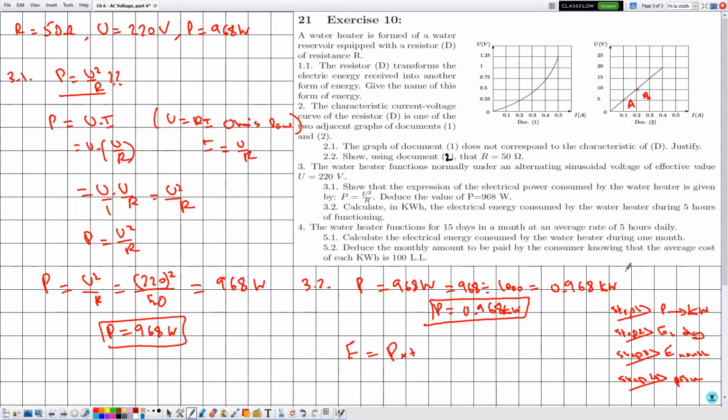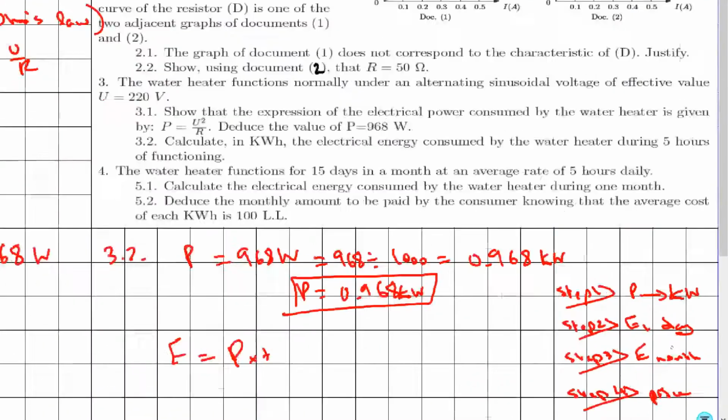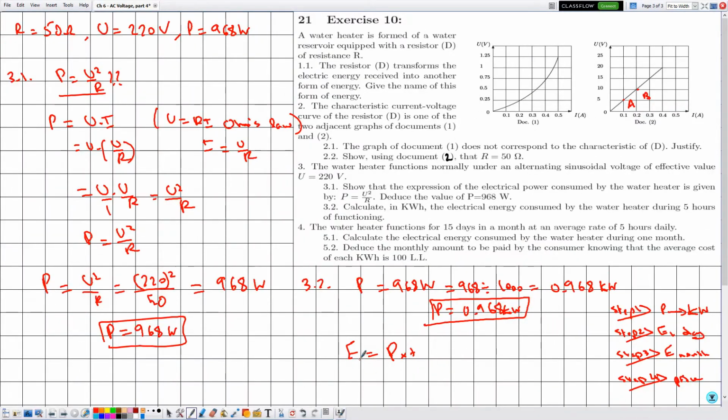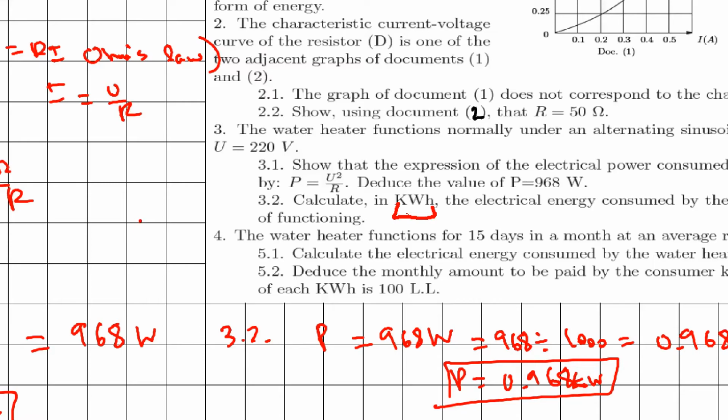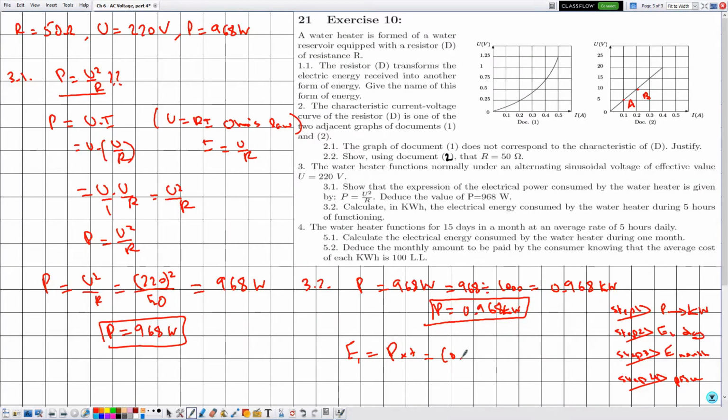Since this energy corresponds to 5 hours, which is 1 day, let's place the index 1 here. Now kilowatt hour is the unit of energy, which is decomposed into kilowatts multiplied by hour, which means power must be expressed in kilowatts, which is given by 0.968.